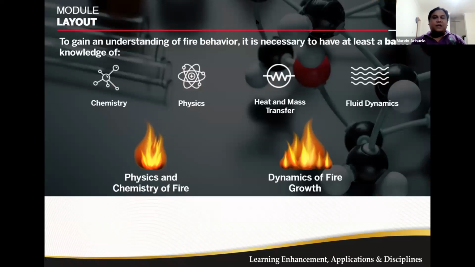To gain an understanding of fire behavior, it is necessary for us to have at least the basic knowledge of those. The module, which we will discuss tonight, is arranged in these two parts: again, the physics and chemistry of fire and dynamics of fire growth.